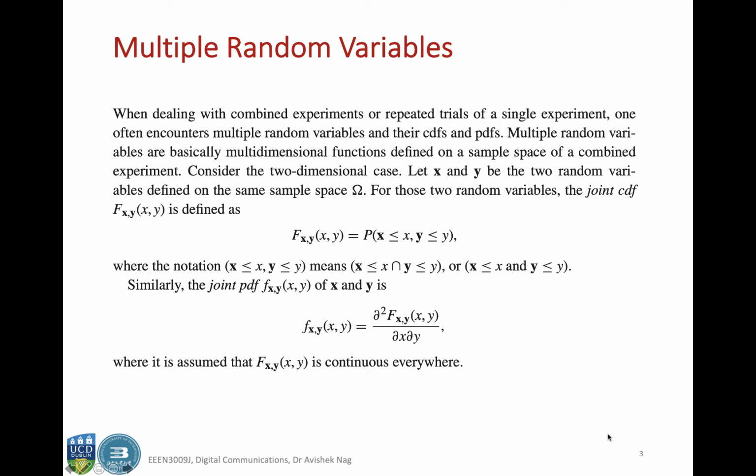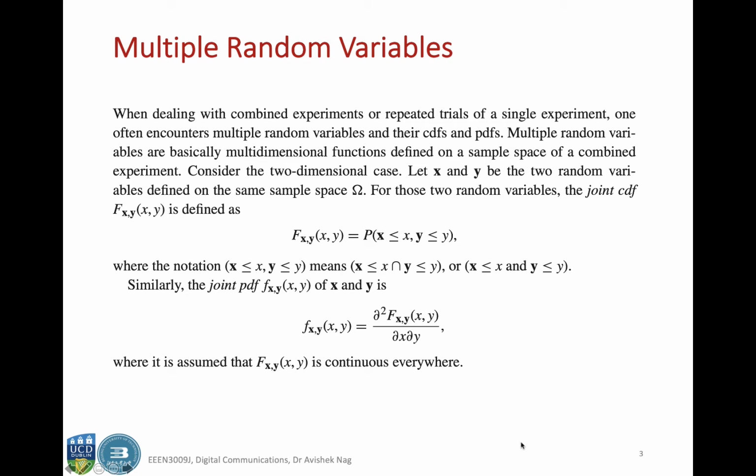So now we will see that if we have a joint random experiment or a combined random experiment where multiple random variables are involved, then how to represent them through joint CDFs and joint PDFs.